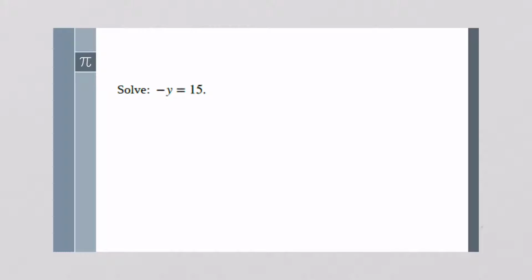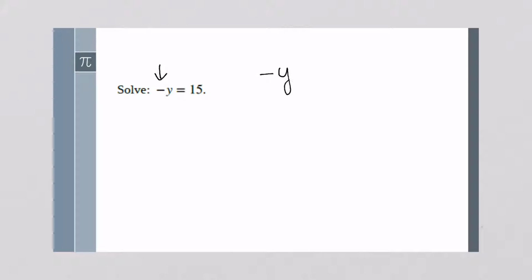Okay, for this problem right here, you don't ever want your final answer to have a negative sign in front of the variable. So there's one of two things that you could do. I typically divide, but that doesn't mean you have to do that. You can multiply by what number wouldn't change the number in front of the y? Well, it's going to be a 1.